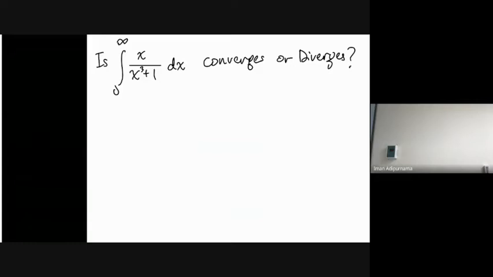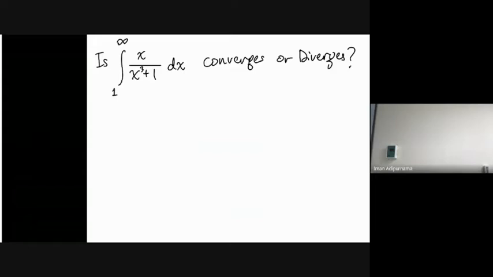So you don't necessarily need to compute it and find the value. But you can use the comparison theorem to prove that it converges or diverges. Or maybe I will change it, maybe not 0. Maybe first deal with 1, because 0 will be another problem, but later. Maybe the integral from 1 to infinity of x over x cubed plus 1 dx.